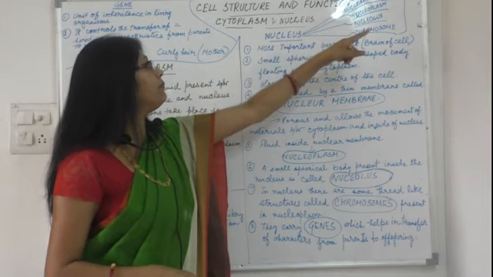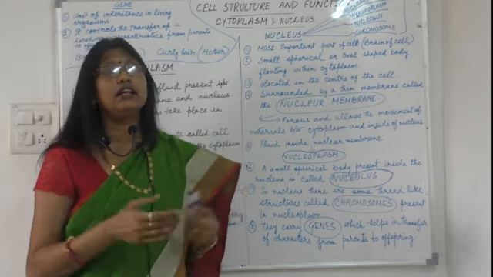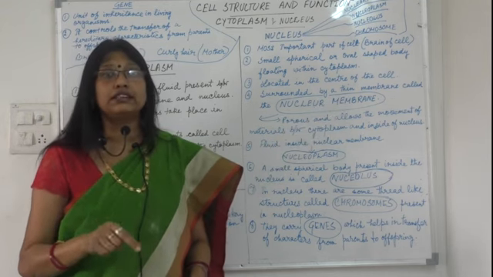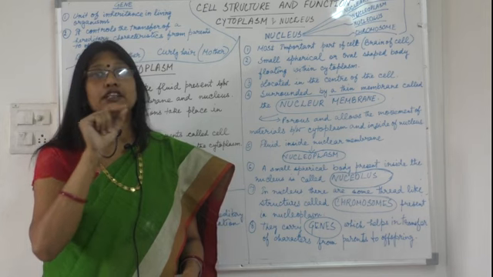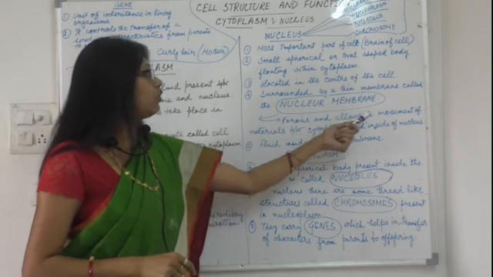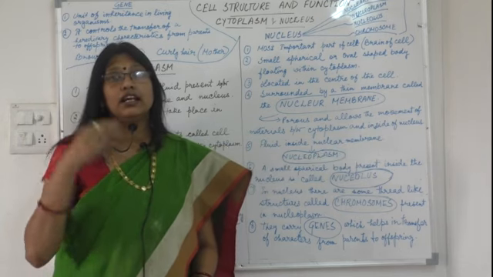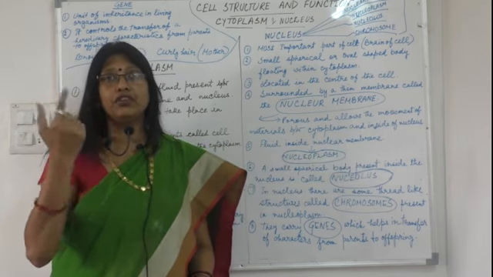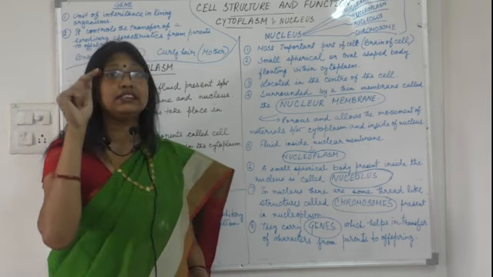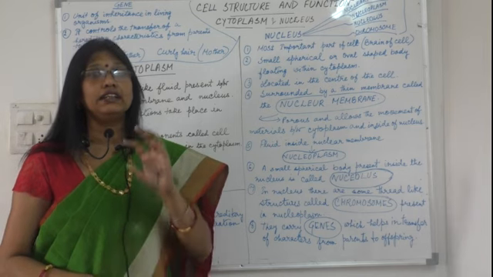So first, nuclear membrane. It is the thin membrane which surrounds the nucleus. It is porous. That means it has pores in it, hole-type parts, and it allows the movement of materials between cytoplasm and the inside of the nucleus.